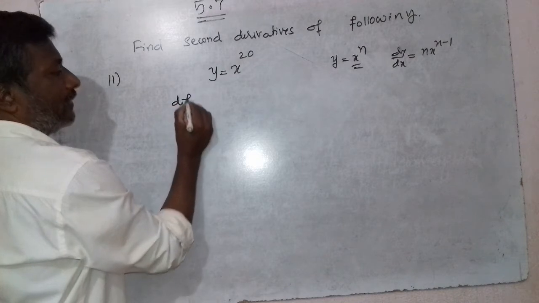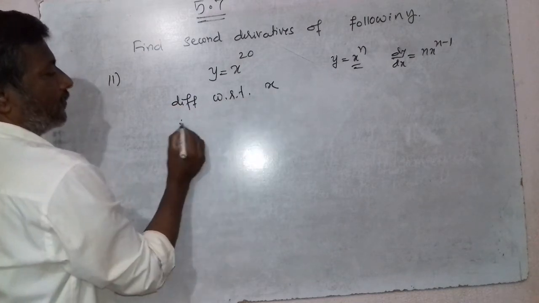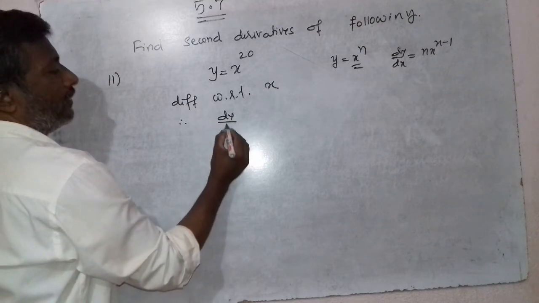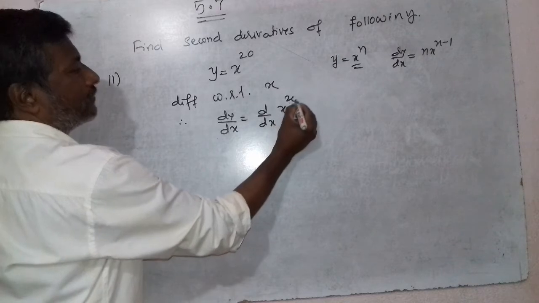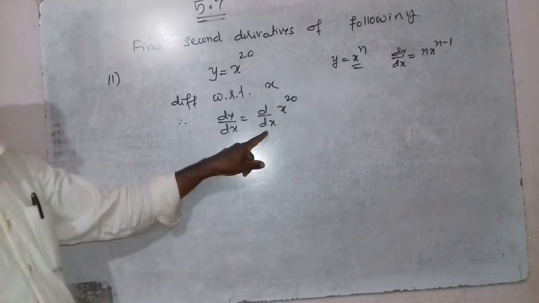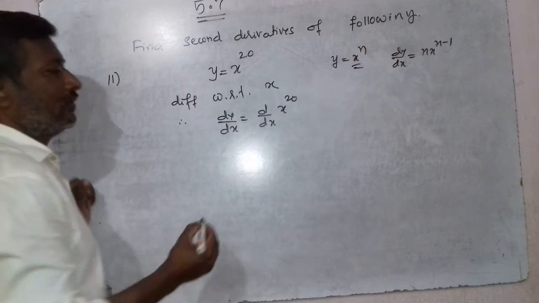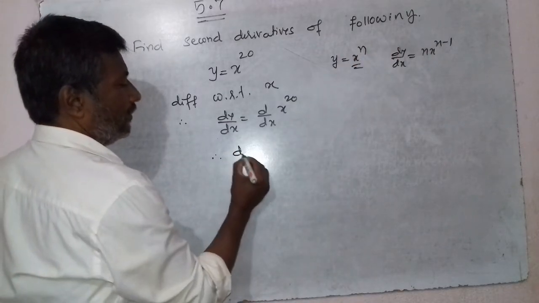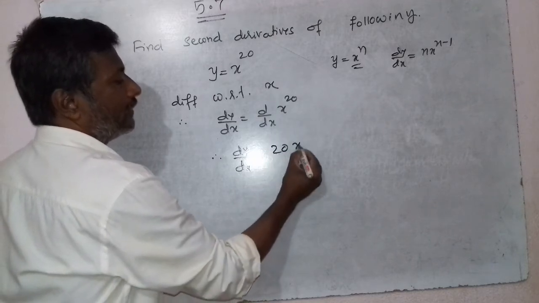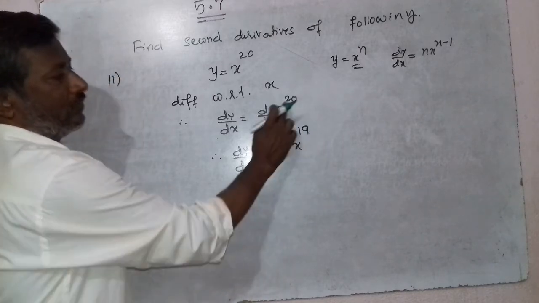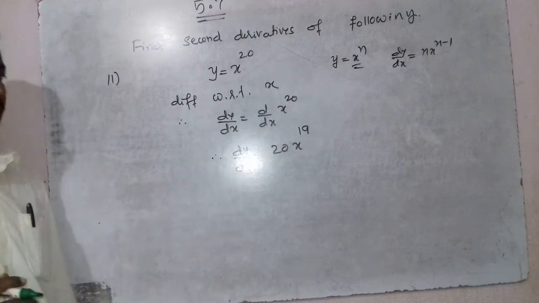Therefore differentiate with respect to x: dy upon dx equal to d by dx of x raised to 20, derivative of x raised to n is n x raised to n minus 1. So dy upon dx equal to 20 x raised to 19, one less power than before.